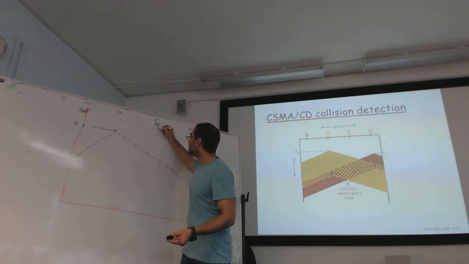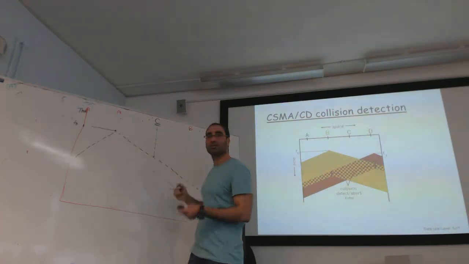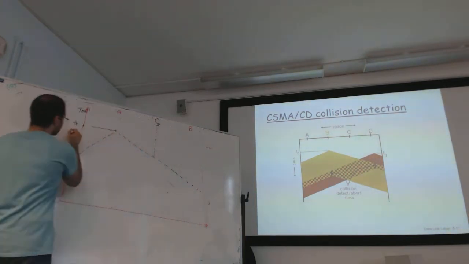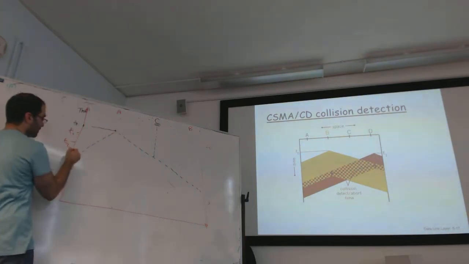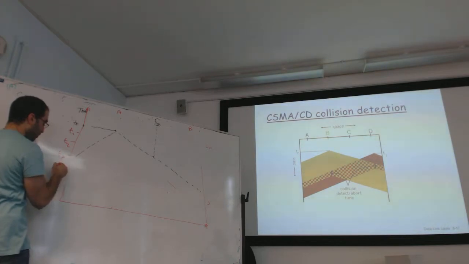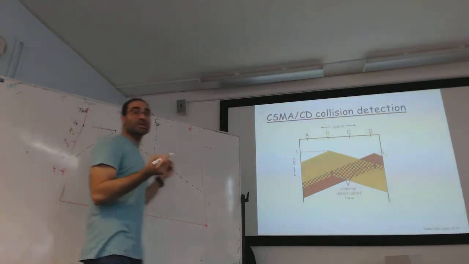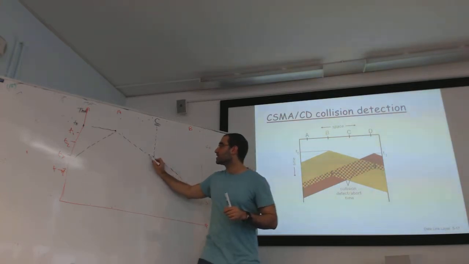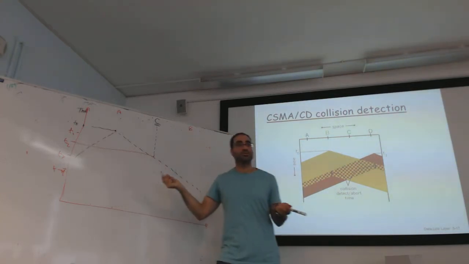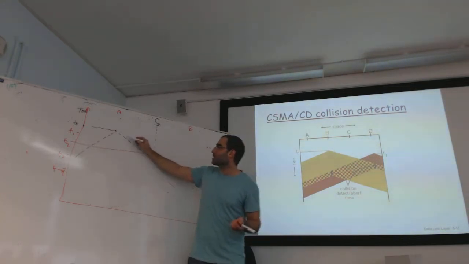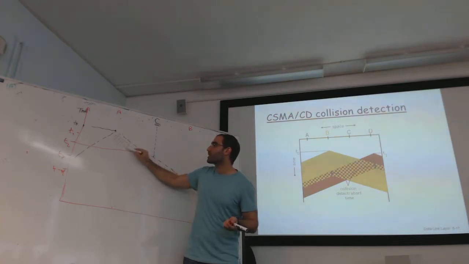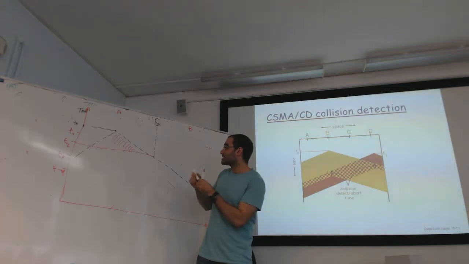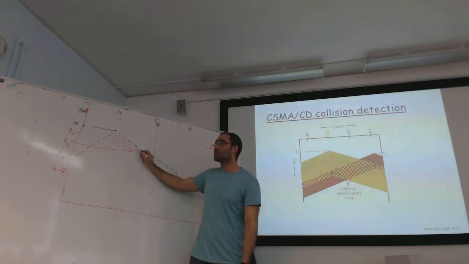How long will C take to detect there is an actual collision? Let's say this is T0, T1, T2, T3, T4. How long will it take to detect? That stage, let's say, is T2. Until that stage, all those packets are passing by perfectly. There's no issue. So let's say this guy is listening and nothing is happening.